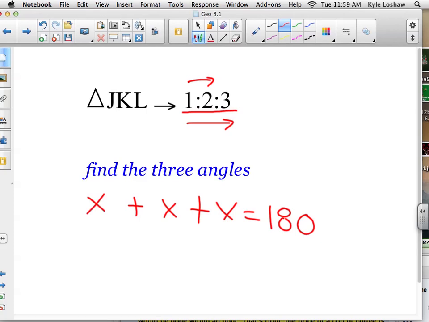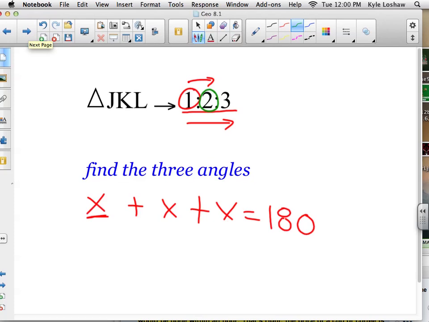So all we have is 3 x's right now, but how can we talk about those x's in relation to a ratio? Well, since we know it's 1 to 2 to 3, this first one, this 1, is going to be by itself, and we kind of already have that with this x right here. Our second ratio is this 2, so our first ratio would be 1 to 2.